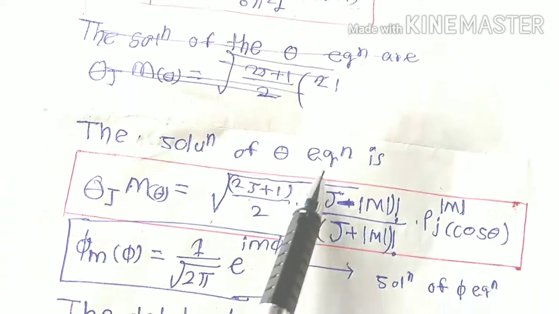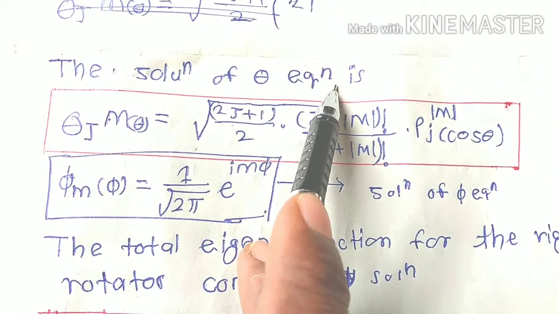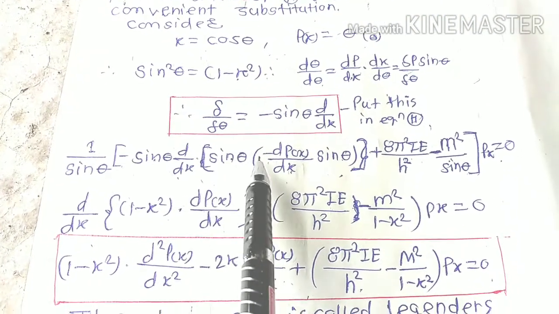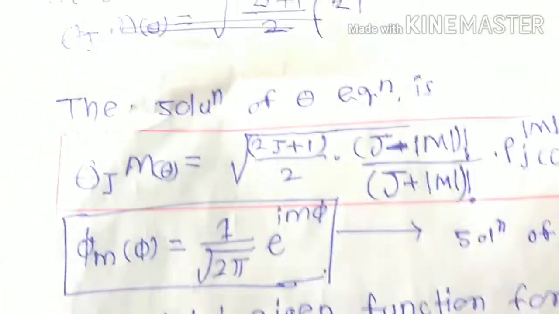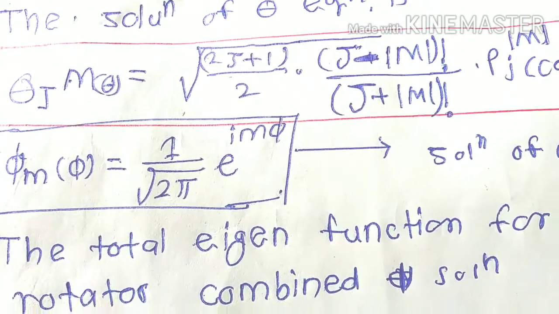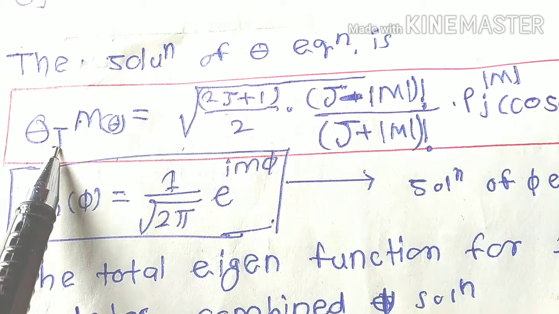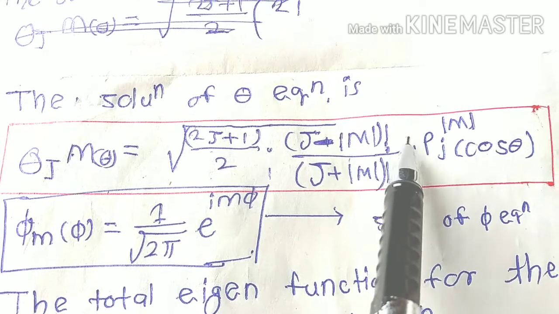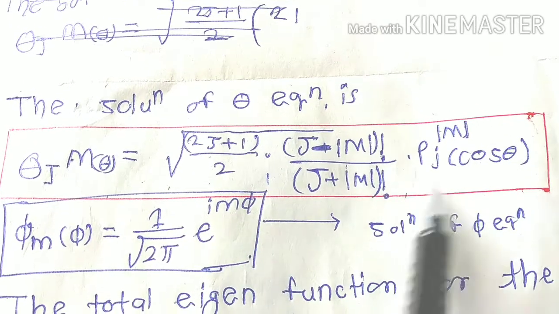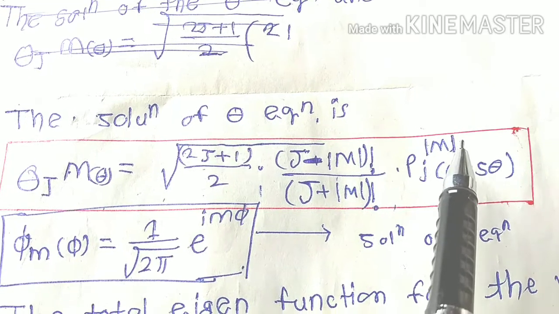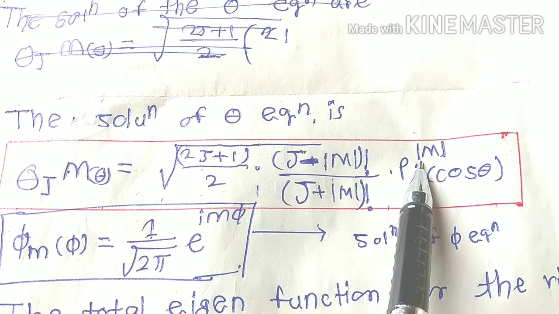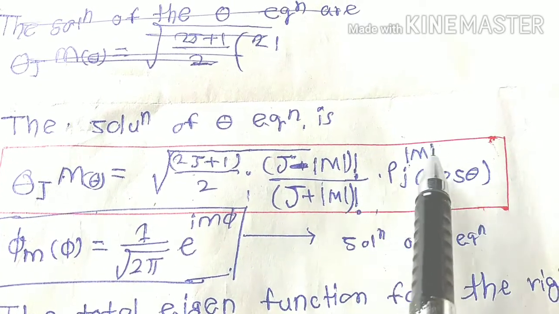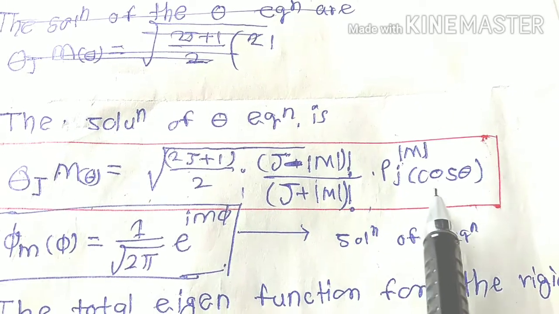So therefore the solution of theta equation, the theta equation we considered above, is theta j into m theta equals to under root 2j plus 1 by 2 into j minus mod of m factorial upon j plus mod of m factorial into p of j raised to mod of m into cos theta.